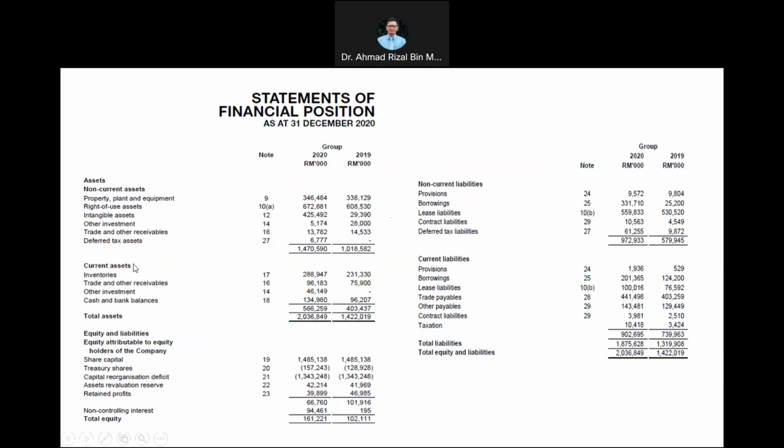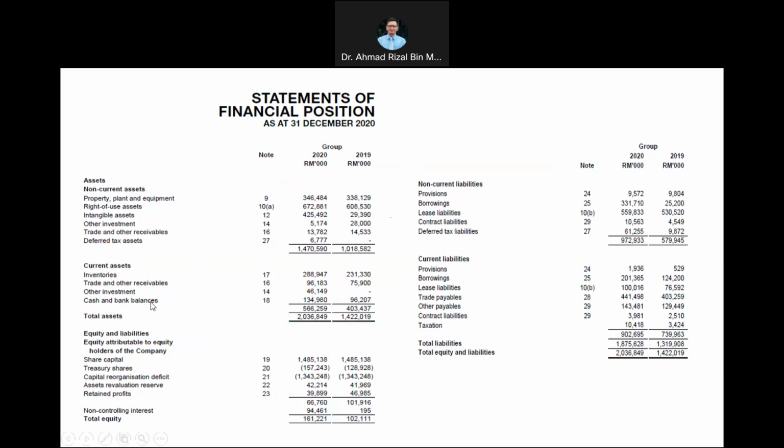Deferred tax assets. Then you have the current assets, or non-fixed assets. Start off with inventories, trade and other receivables, other investments, cash and bank balances.